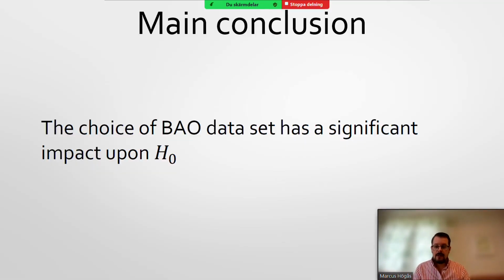So one of the main conclusions that we can draw from this is that the choice of BAO dataset can have a significant impact on the inferred value of the Hubble constant.